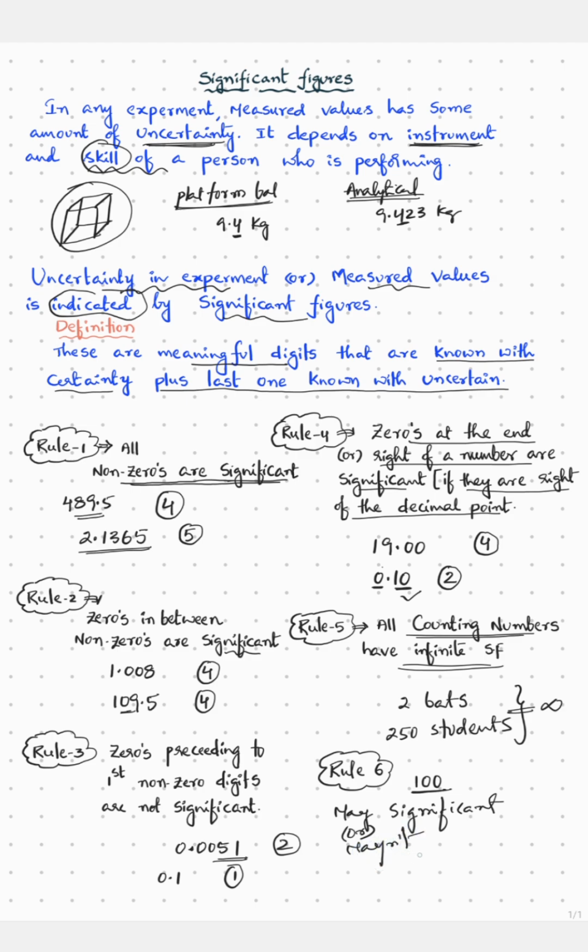For example, if you write like this, 100, then significant figures are 2. If you write 1 into 10 square, then significant figures are 1. And 1.00 into 10 square, then significant figures are 3. So it depends upon the way we express the number, right? I hope you all understood.